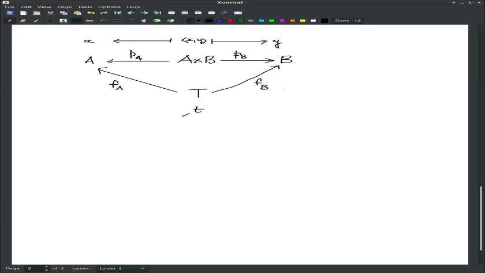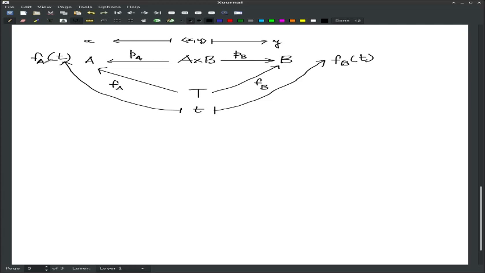FB takes you to this element FB of T. And FA will take you to this element FA of T. Right?